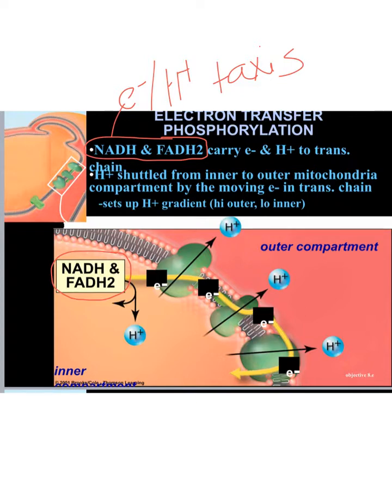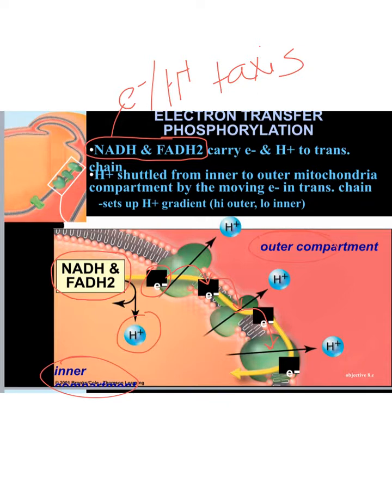The hydrogen ions are going to be shuttled from the inner compartment to the outer compartment. So every time an electron bumps down this chain, so here's our electron, it's going to move from molecule to molecule, kind of down this chain. You can think about it as a ball falling down a set of steps. So this electron is going to bounce and jump down this chain from one molecule to the next.